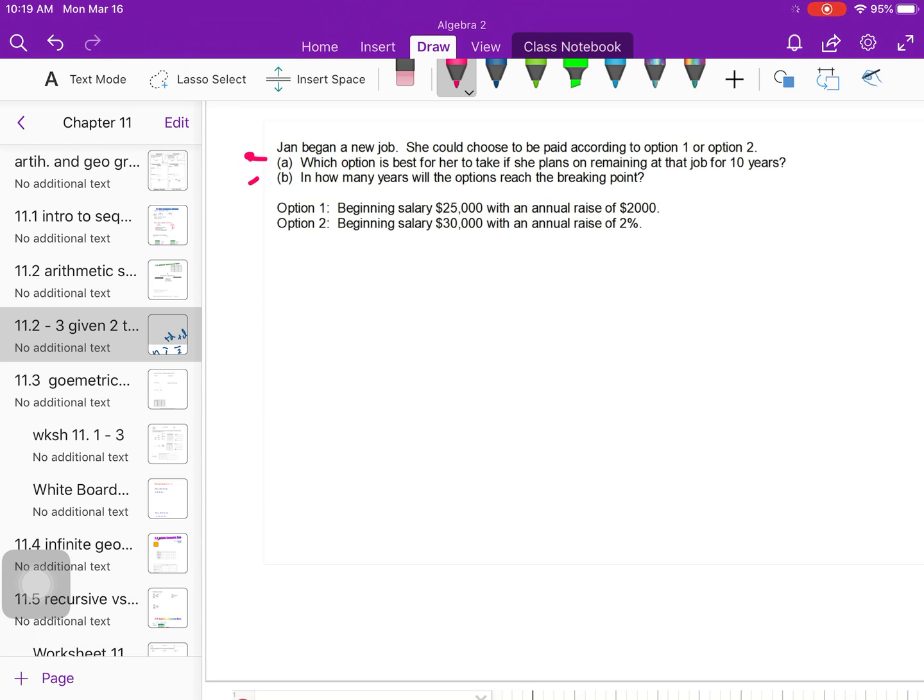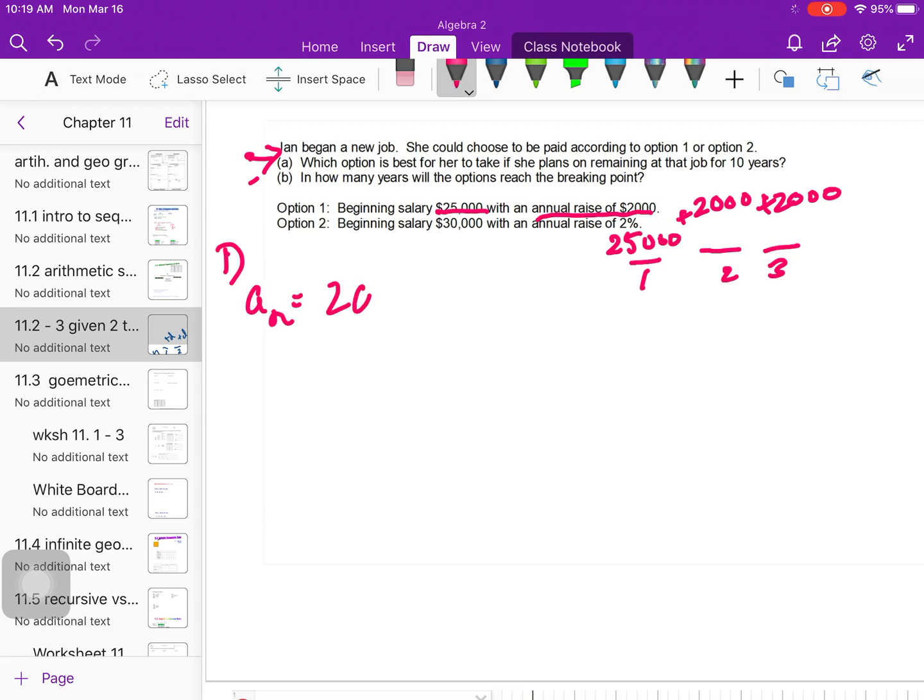So let's look at A. Option 1 says beginning salary of $25,000, annual raise of $2,000. So in her first year, she has $25,000. To get to her second year, she would have to add $2,000. Then to her third year, add $2,000. So this is an arithmetic rule: 2,000n, because my difference is 2,000, plus c.